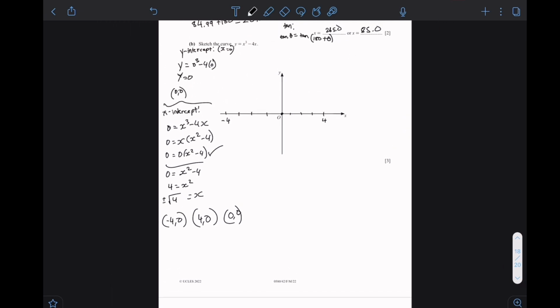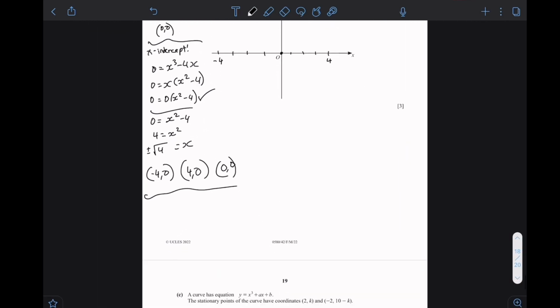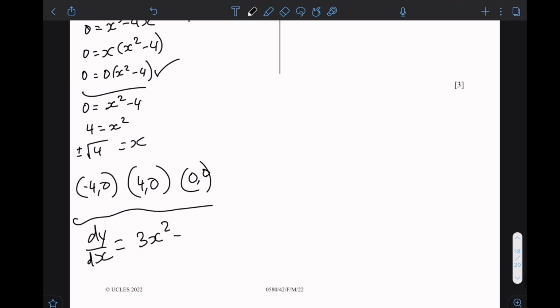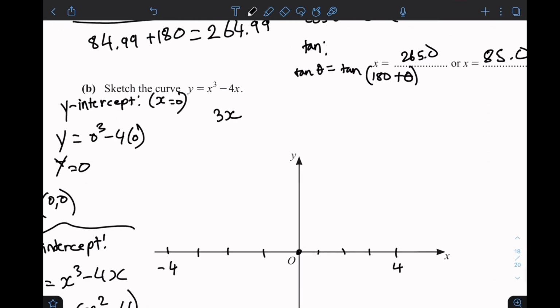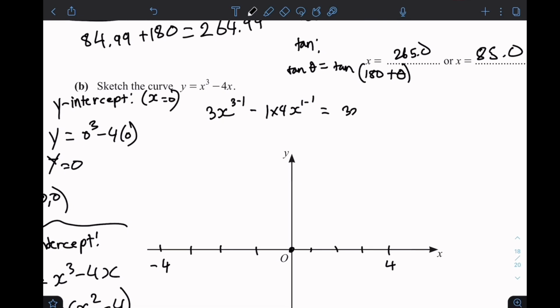Now, to figure out the turning point, you do differentiation. So dy divided by dx is equal to 3x squared minus 4, right? Because you do 3 times x to the power 3 minus 1, and minus 1 times 4 x to the power 1 minus 1, which is equal to 3x squared minus 4.